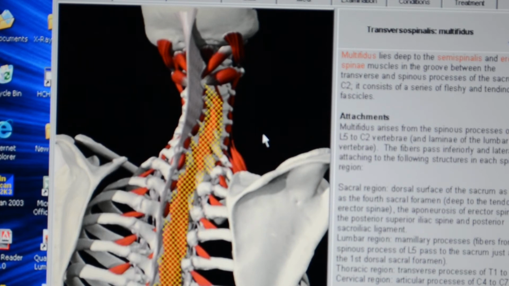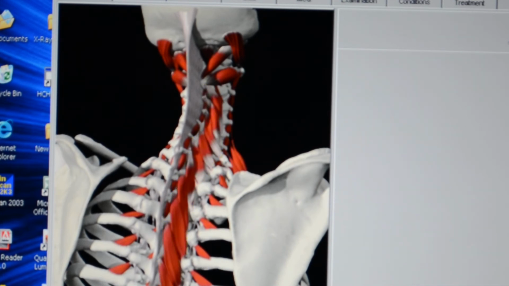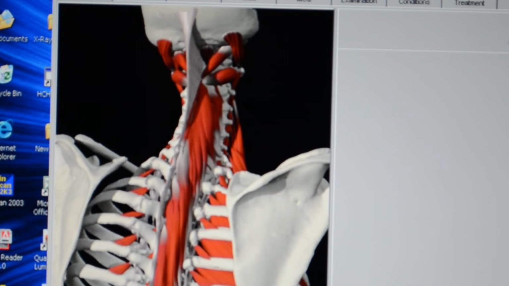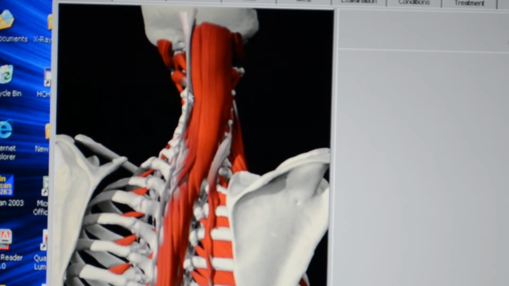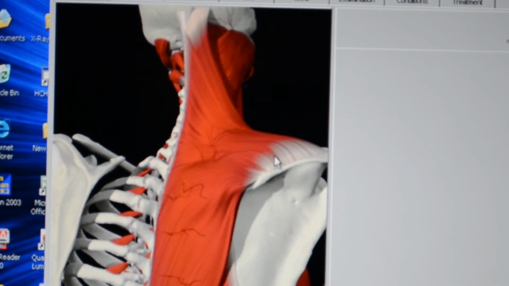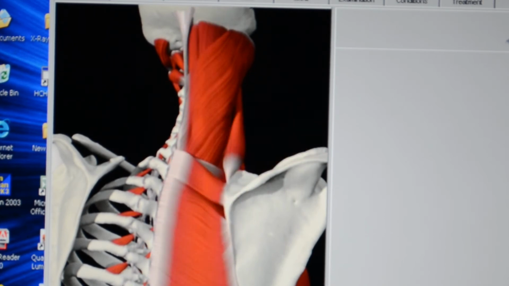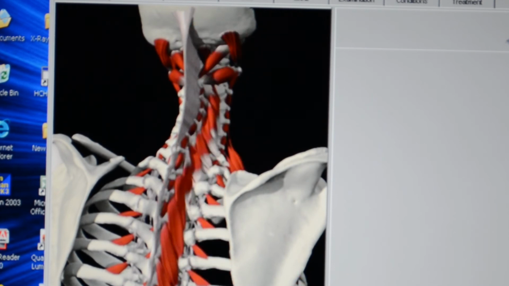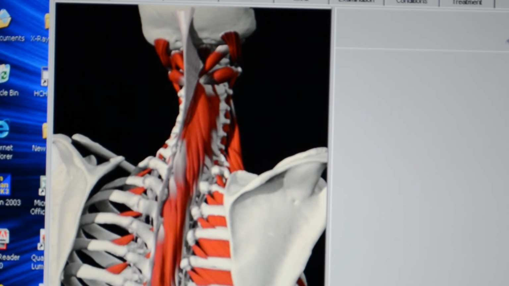Now let's describe what happens. These are not the only muscles of the spine. We have other layers of muscles, and this next layer runs from one level to two or three levels up, and then as we go further up, they run longer and longer and longer until we finally get to our trapezius muscle, which is one big band of muscle across our back and into our shoulder. Now, here's what happens. When these muscles become less active, all these other muscles that I showed you start to tighten up.